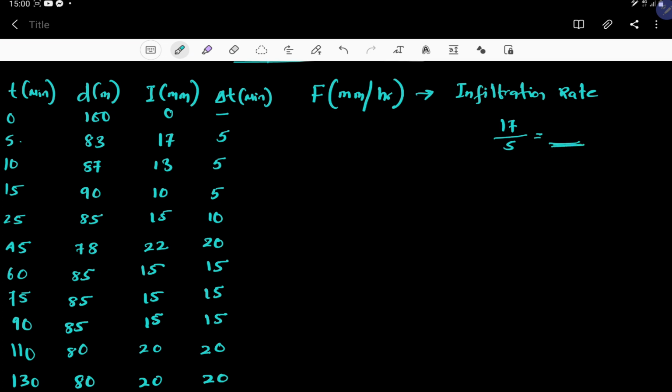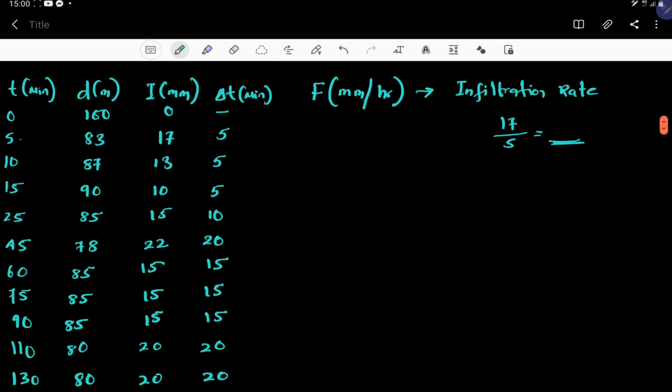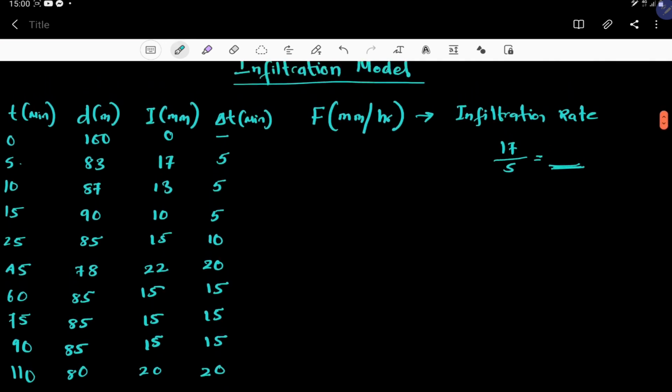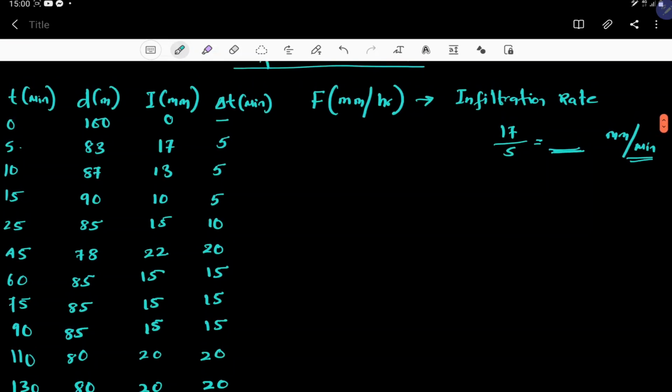But the problem here is we have messed up the unit. If we simply divide by this 5, it is going to be mm per minute. If you have taken your first assignment or first tutorial seriously, I've given plenty of exercises where you have the opportunity to do this kind of unit conversion. Here we need it in mm per hour.